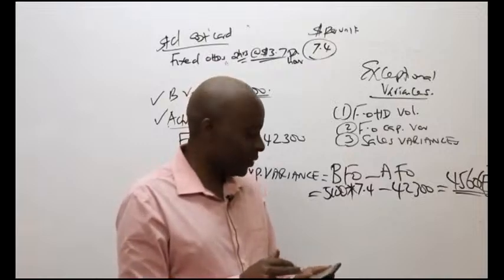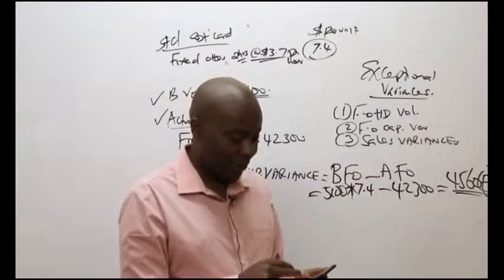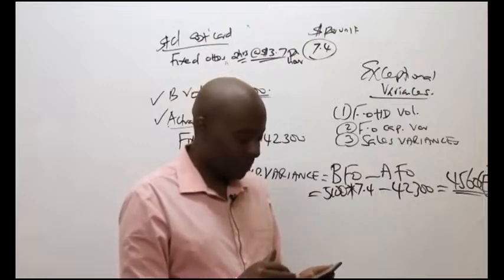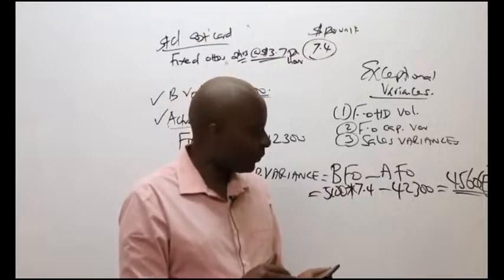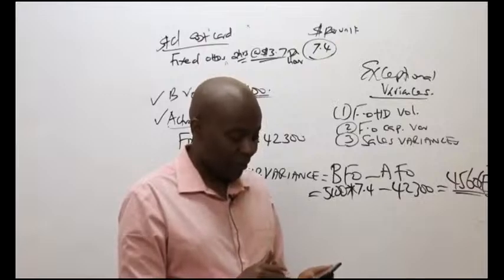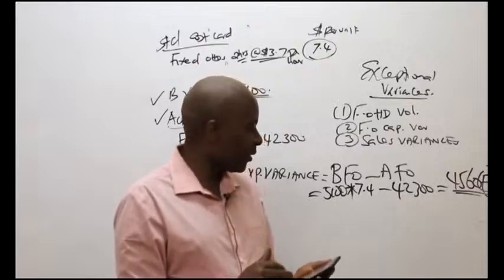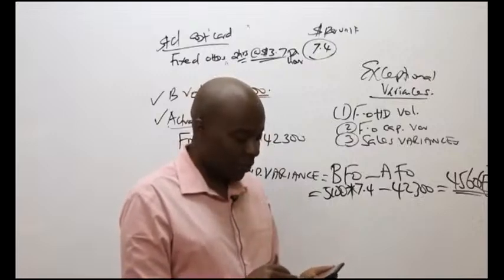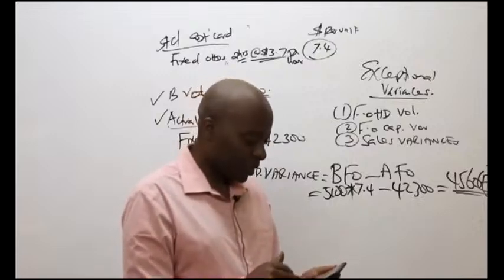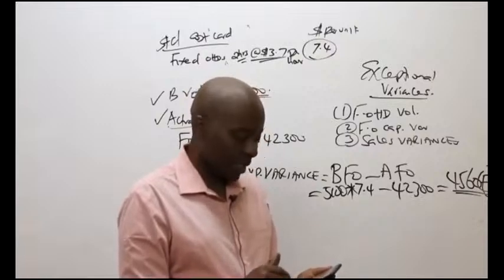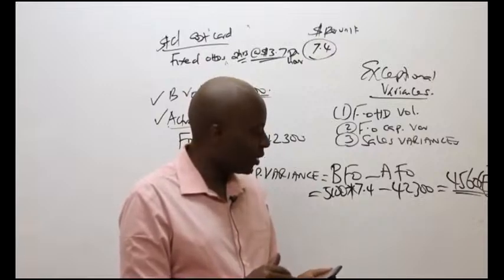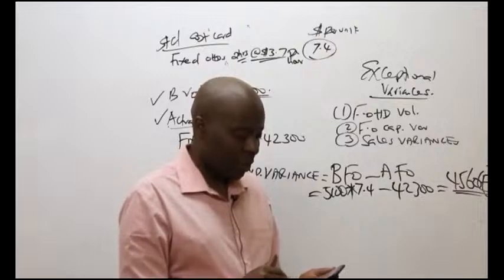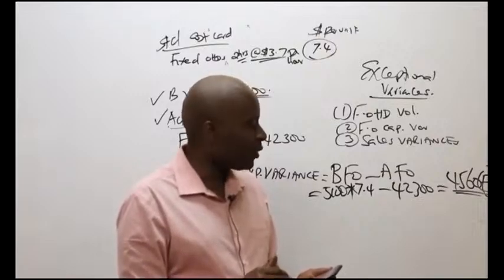So we have here 5,100 times 7.4 minus 42,300, which will end up giving us minus 4560.